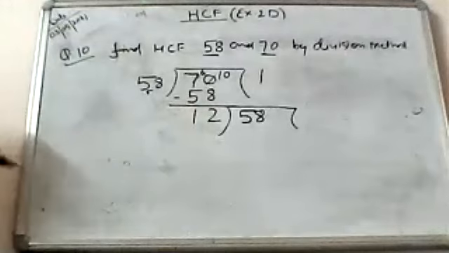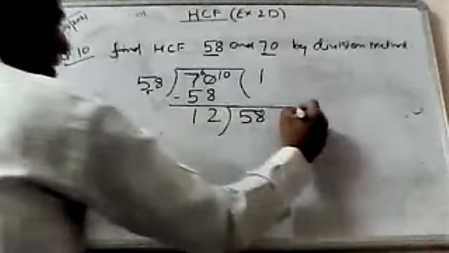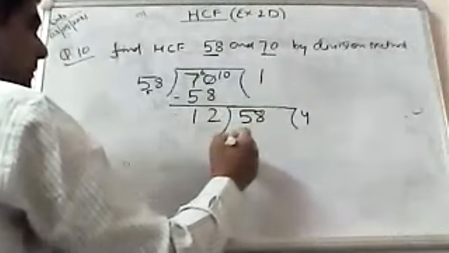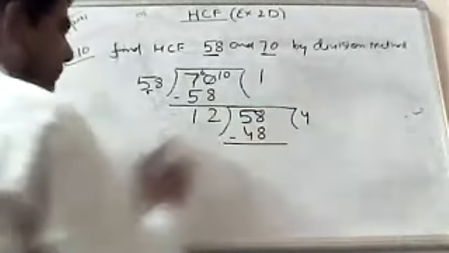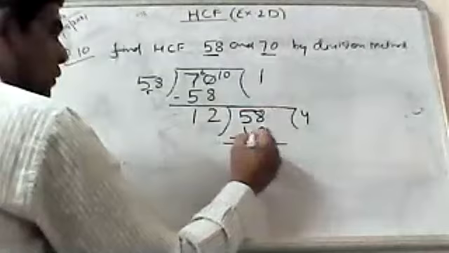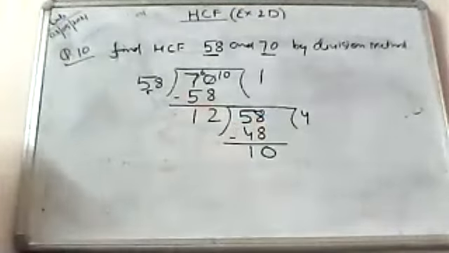Now look at this. So 12 1s are 12, 12 2s are 24, 12 3s are 36, 12 4s are 48, and 12 5s are 60. So 12 4s are 48. Okay, so 8 minus 8 is 0 and 5 minus 4 is 1.